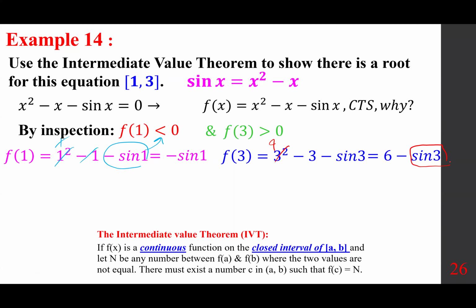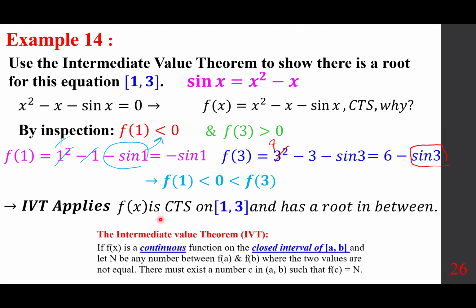So 6 minus that must be positive. And because 0 is somewhere between negative and positive, IVT, the intermediate value theorem, applies. f of x is continuous on the interval [1, 3] and has a root in between.